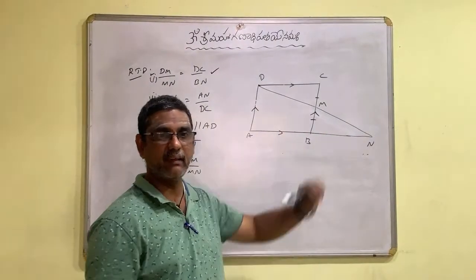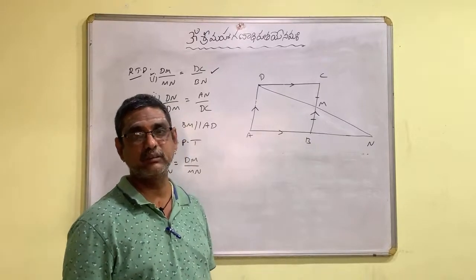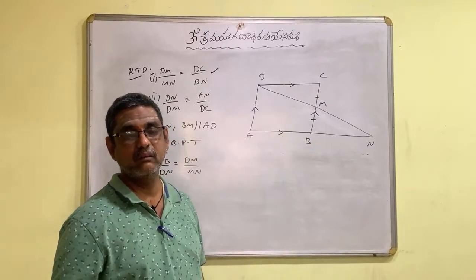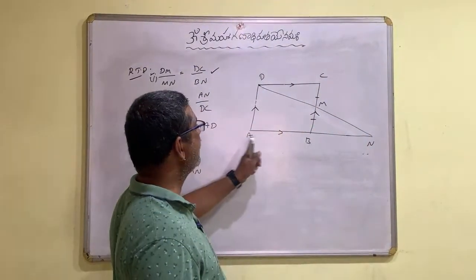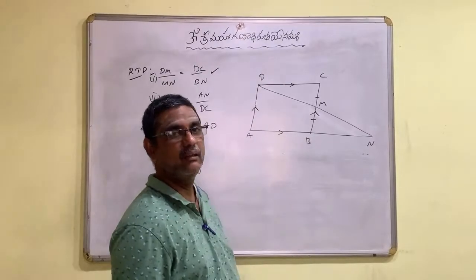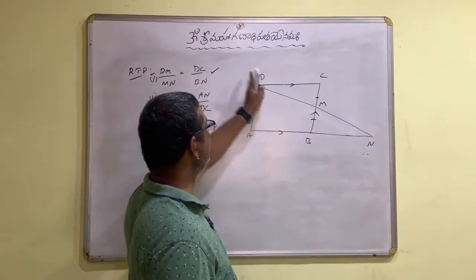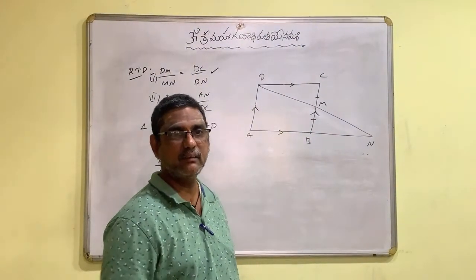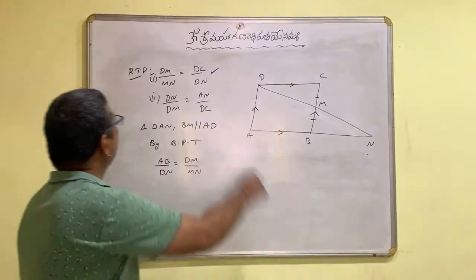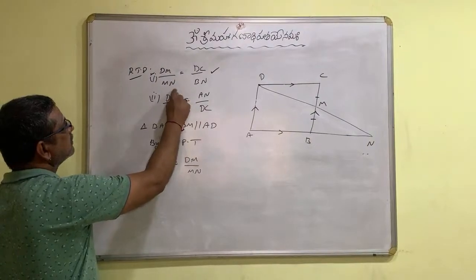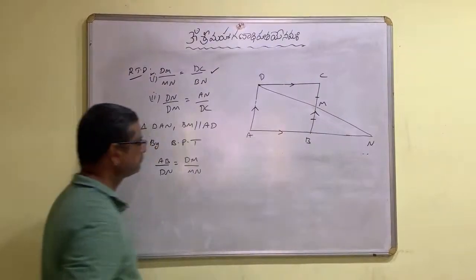I am starting reversely: NB by BA. In triangle NDA, BM is parallel to AD, so by the basic proportionality theorem, NB by BA is equal to NM by MD. But I am writing it reversely now, because I want that answer: AB by DN is equal to DM by MN.